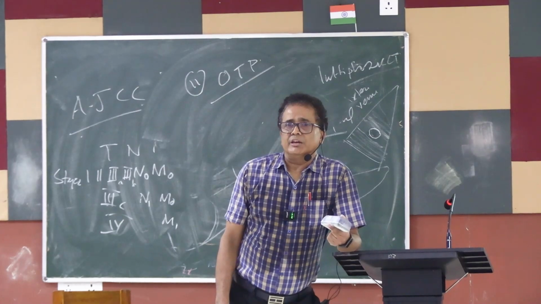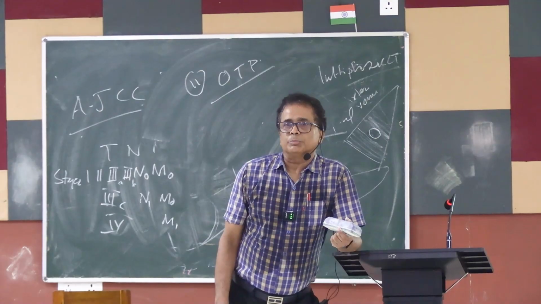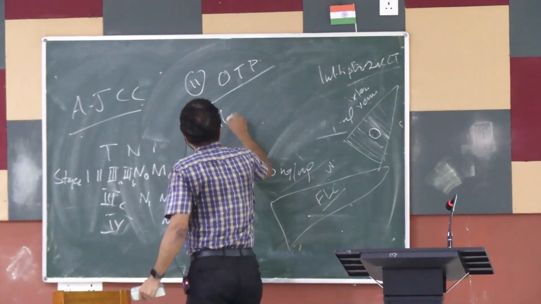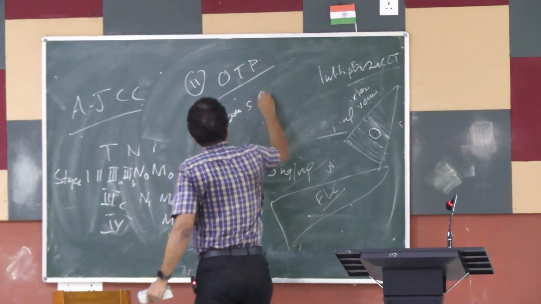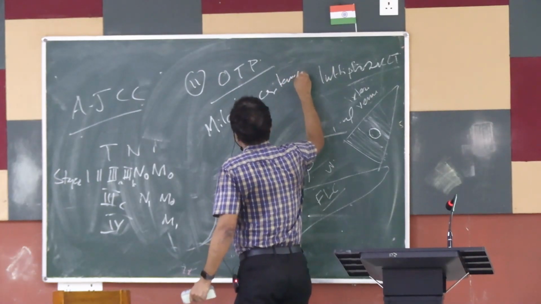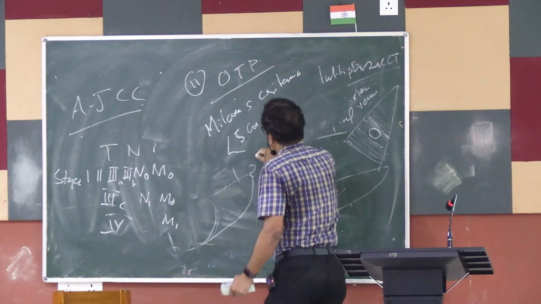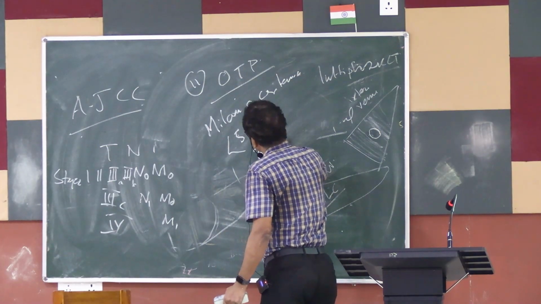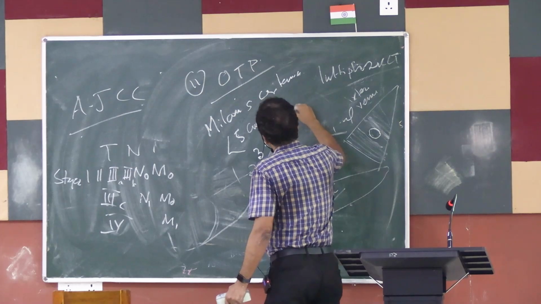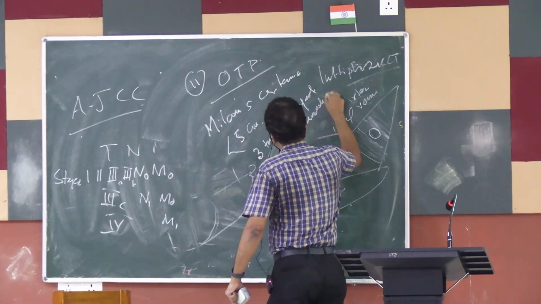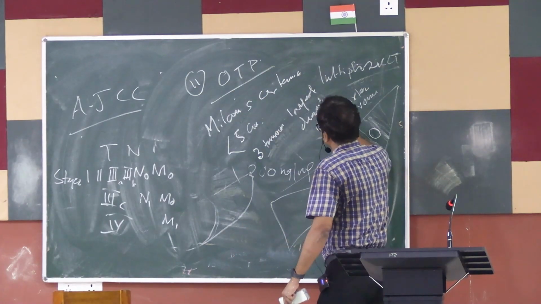Initially the prognosis was very low, but later on a criteria was devised for orthotopic liver transplantation. They are called Milan's criteria. That you need to know. Milan's criteria means if there is a single tumor less than 5 centimeter, or when there are 3 tumors and the largest diameter is less than 3 centimeter.